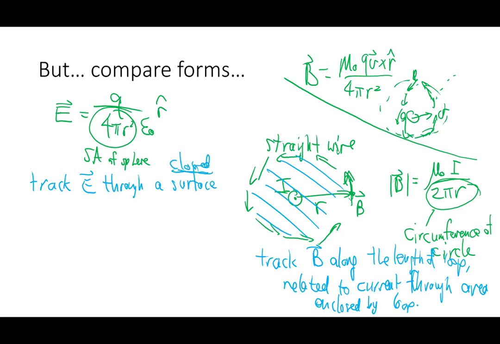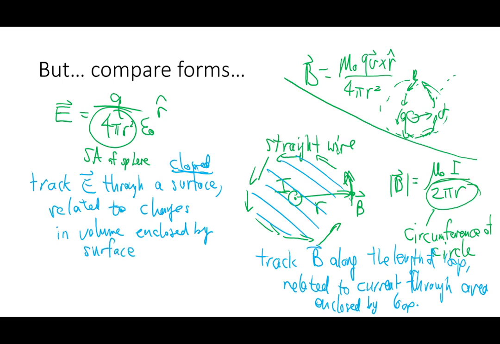And that flux is related to the charges in the volume enclosed by the surface. So that's kind of why we come up with a different integral, not flux, right?